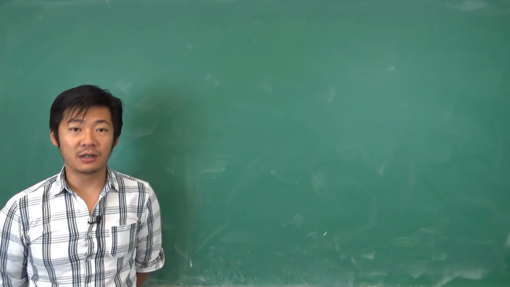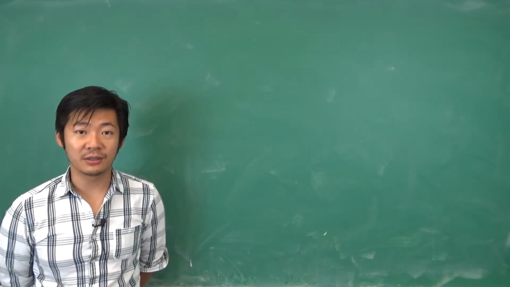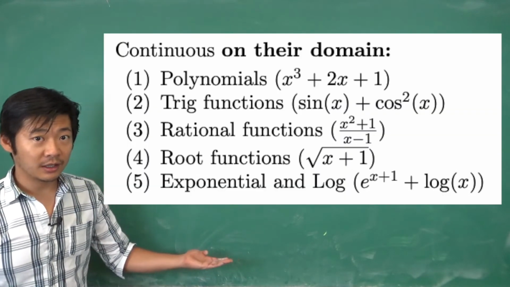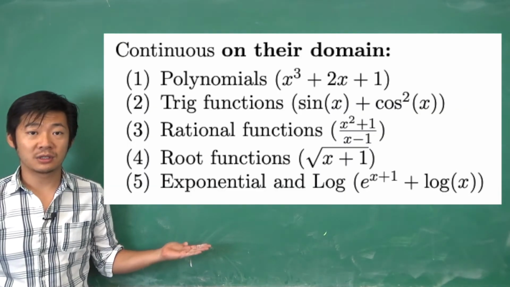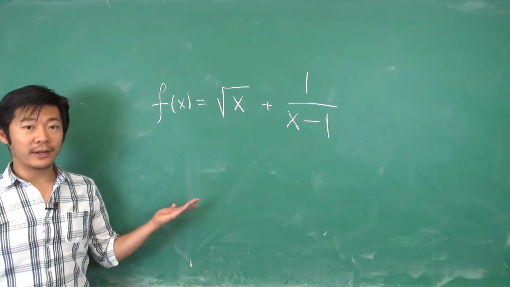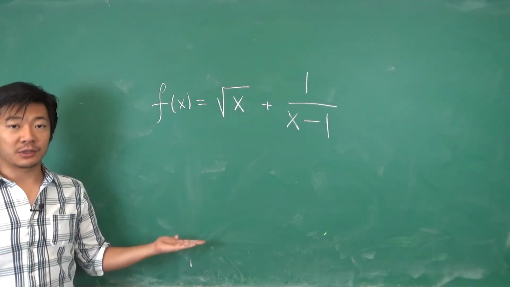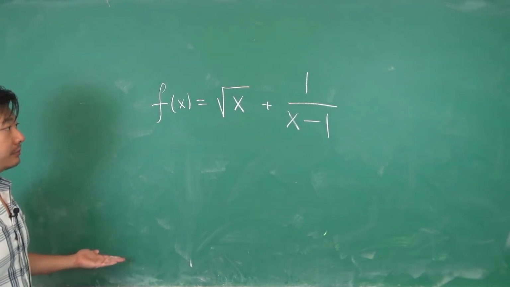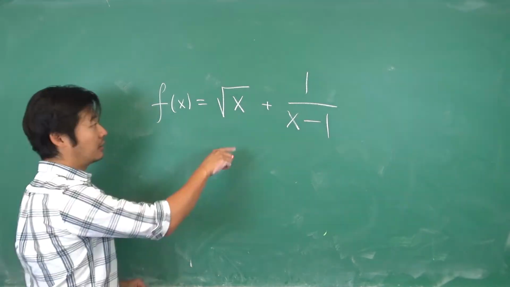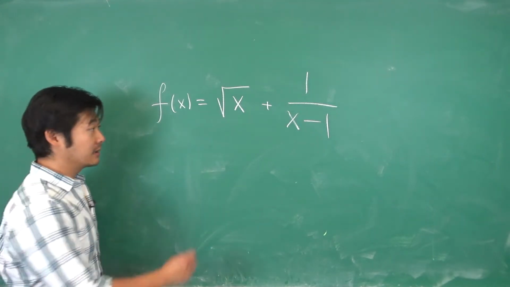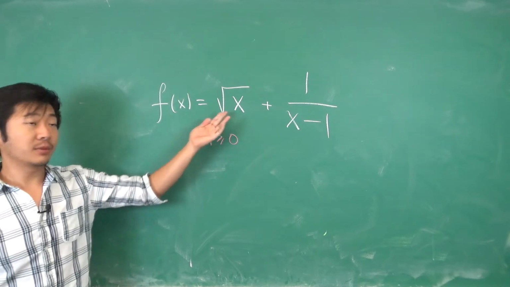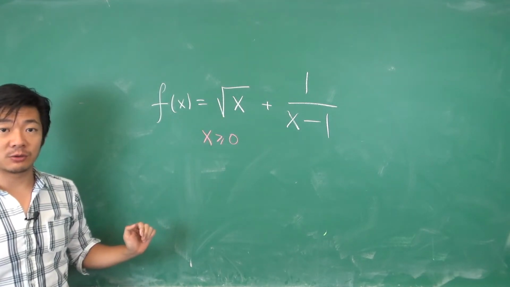Most, if not all, of the functions that we will talk about in this course will be continuous. So here, functions which are continuous on their domain. For example, where is this function continuous? Well, we just need to find the domain of this function. From here, we know that x needs to be greater than or equal to 0, because we can't plug negative numbers into a square root.